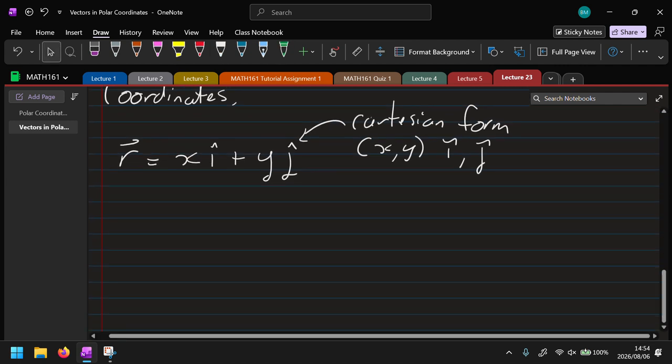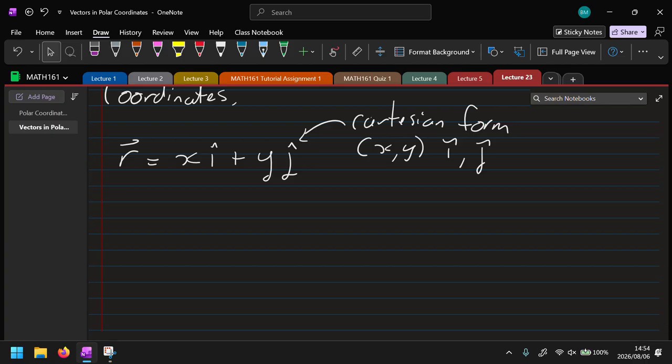We have an x. How do we convert x to polar coordinates? r cos theta. We have a y. How do we convert that to polar coordinates? r sin theta. Now we have this common factor of the radius.